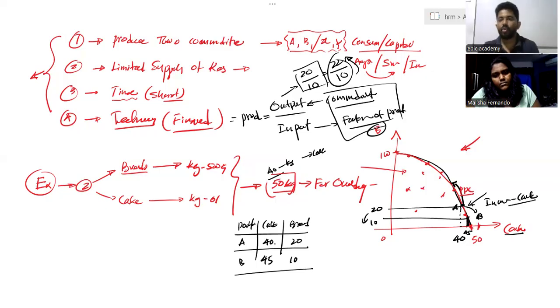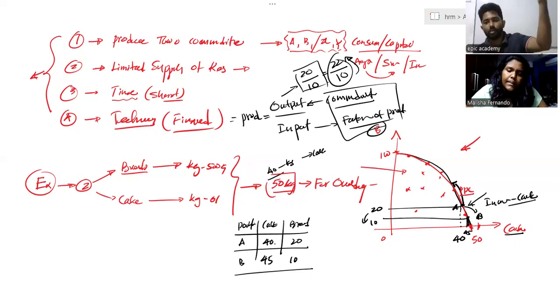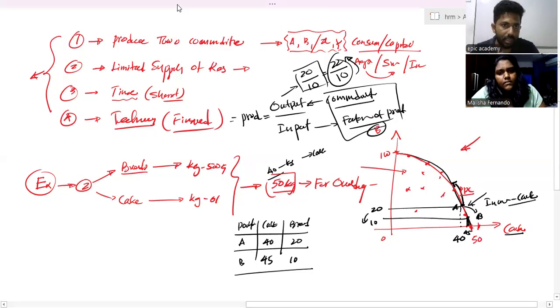If you increase the production of cake, you have to sacrifice the production of bread. On the other hand, it is similar for bread also. If you increase the production of bread, you have to sacrifice the production of cake. It can also be identified here.